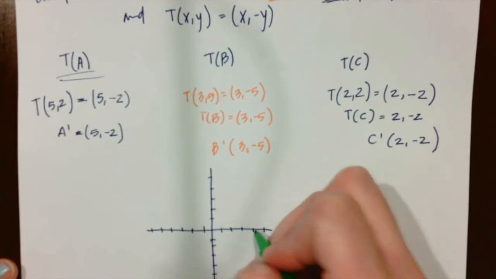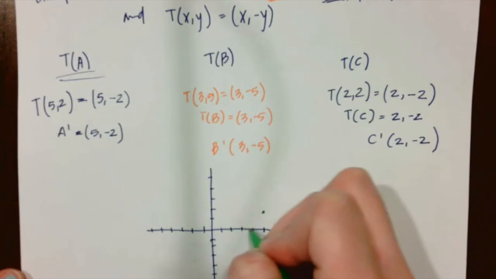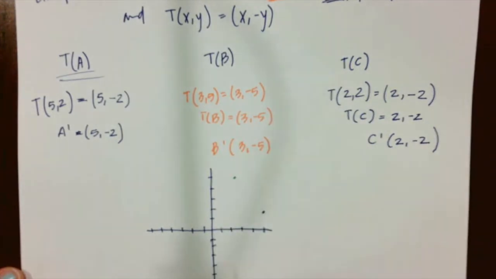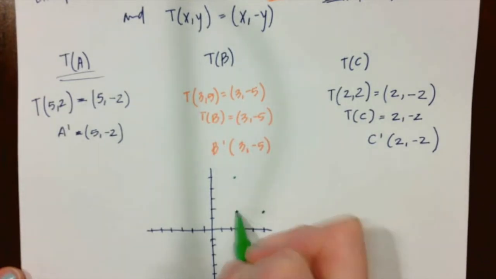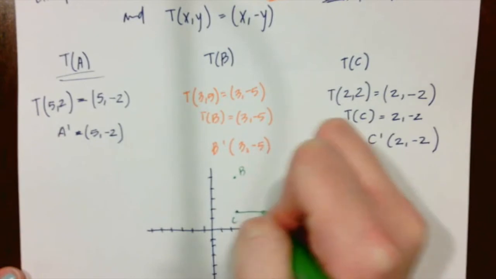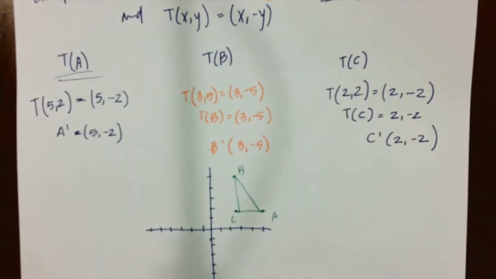We start out at 5, 2: 1, 2, 3, 4, 5. Then 3, 5, and 2, 2. So we've got points A, B, and C. That makes our original triangle.